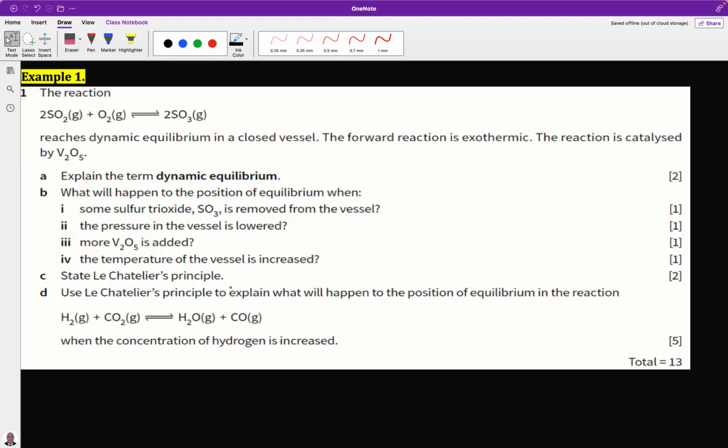That is, the forward reaction and the backward reaction are occurring at the same time. And again, in the dynamic equilibrium, the concentrations of the products and the reactants are constant.